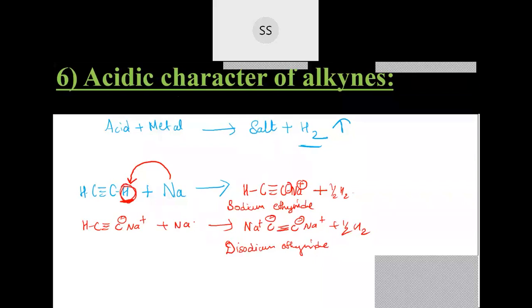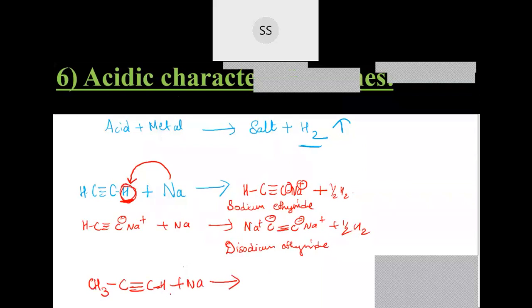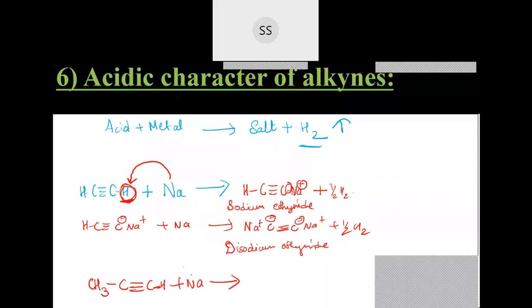Further, they wanted to check whether all the hydrogens present are acidic in nature. Take another example, propyne, CH3 C triple bond CH. When this compound was made to react with sodium, the sodium displaced this hydrogen and gave rise to CH3 C triple bond C minus Na plus, and half H2 gas is released.